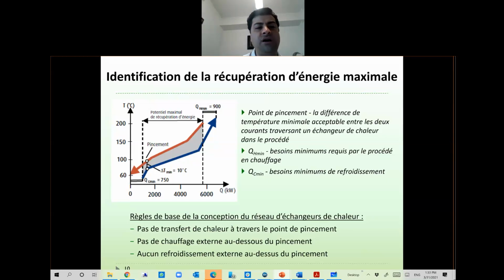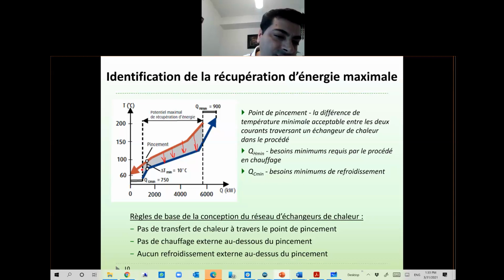You are matching hot streams and cold streams like the figure that we have here. Okay, so by this matching, always, as we have shaded with the gray color, there is a kind of overlap between hot streams and cold streams, so that the heat from the hot stream can be transferred to cold streams.